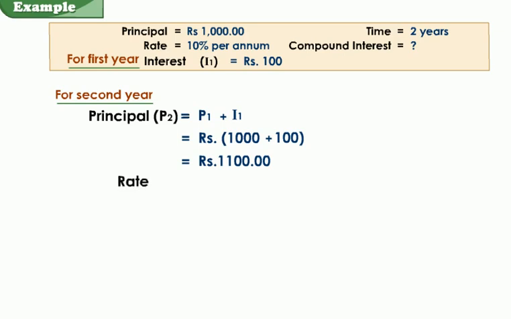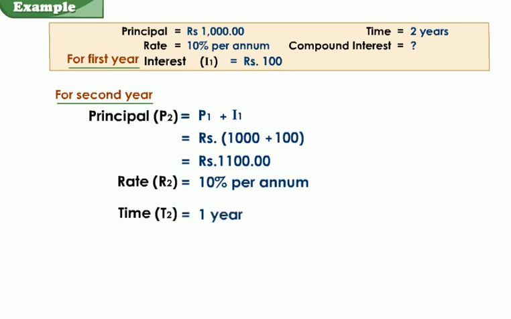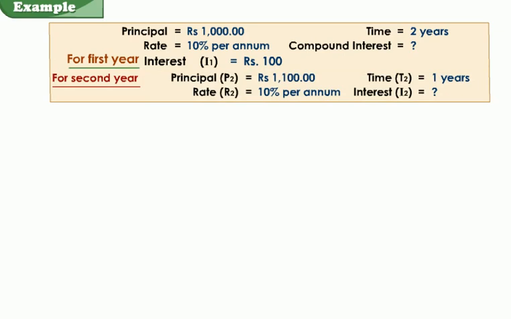Rate R2 is the same, that is 10% per annum, and time T2 will be 1 year. Now the interest for the second year is given by the formula I2 equals P2 into T2 into R2 divided by 100.